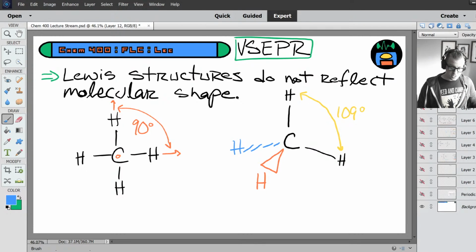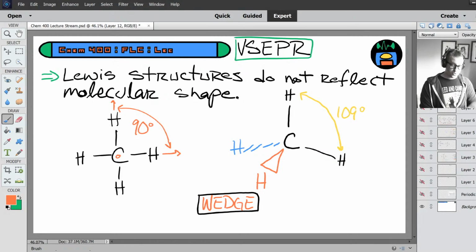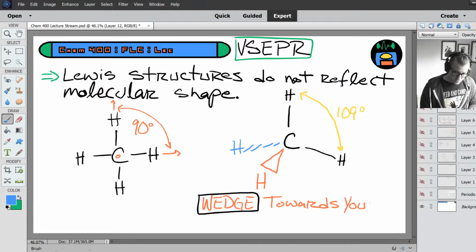This is how these three-dimensional molecular depictions are drawn. When you have a wedge, that wedge means it is coming out of the page towards you, or out of the screen, as it were. And when you have that dashed bond, as depicted in blue, that means that bond is going away from you.